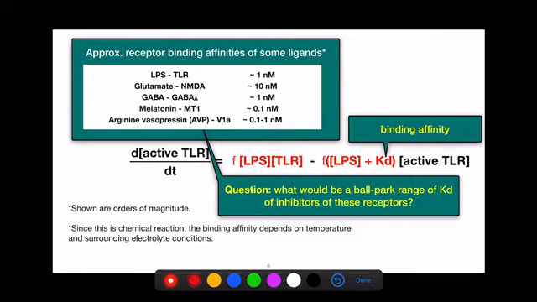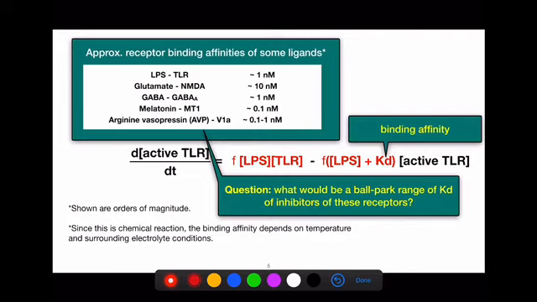So in the case of LPS, which is a harmful molecule, it comes in a large quantity. It can be like 1 micromolar or even higher. So TLR receptors binding affinity of 1 nanomolar is totally enough.